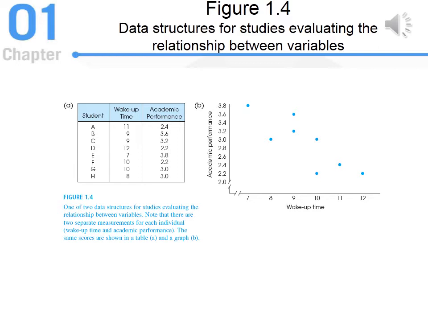Each one of those dots represents one of the students, A through H. So student A, for example, is that second to last dot from the right. If you move over to the 11 and then up to 2.4, you will see he is represented by that piece of data there. What's depicted here is a negative correlation.